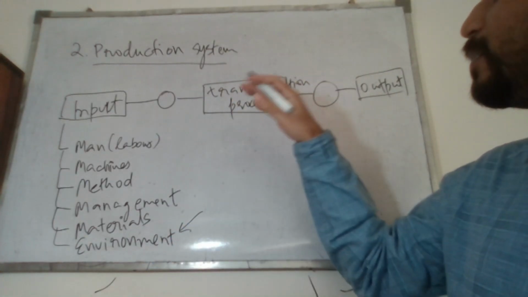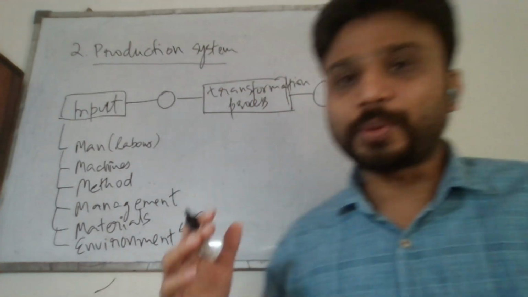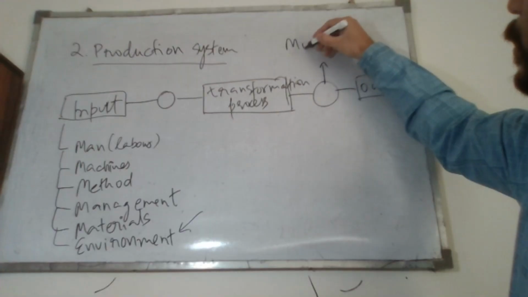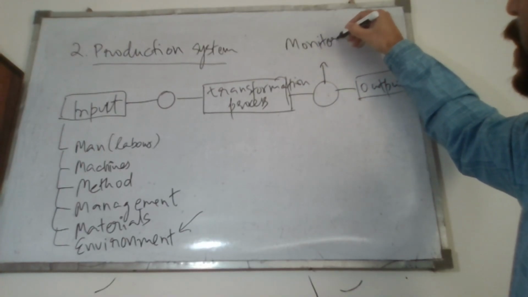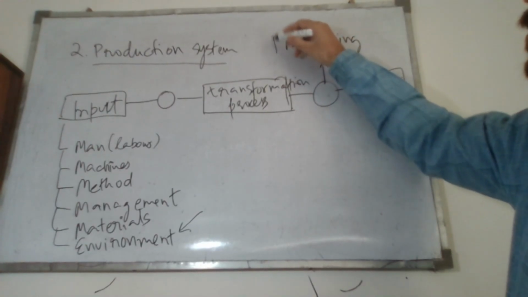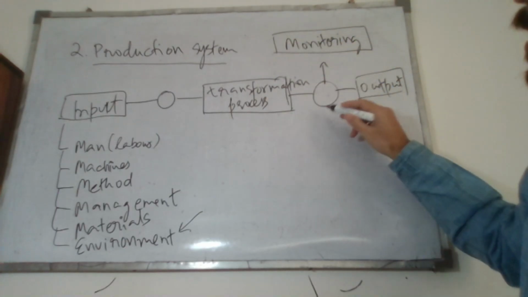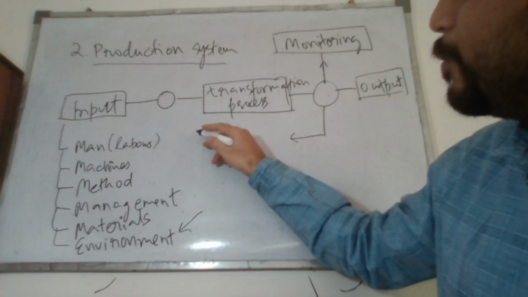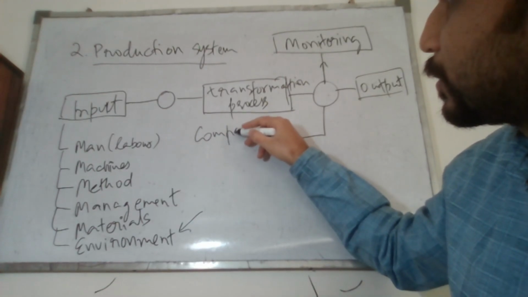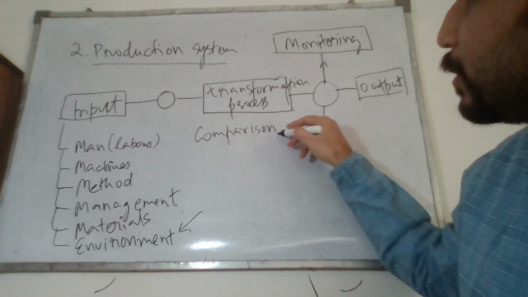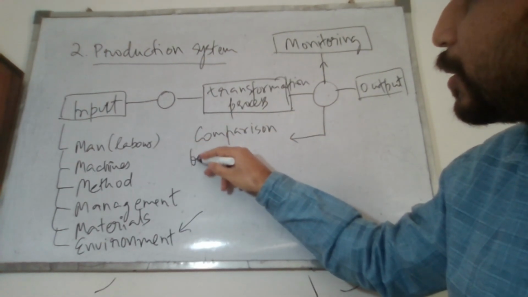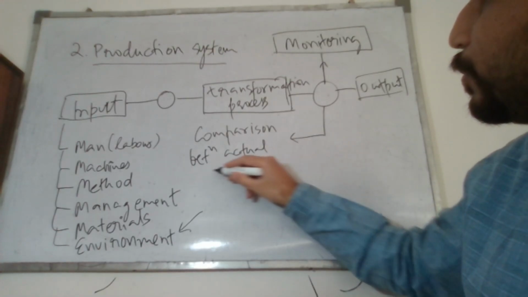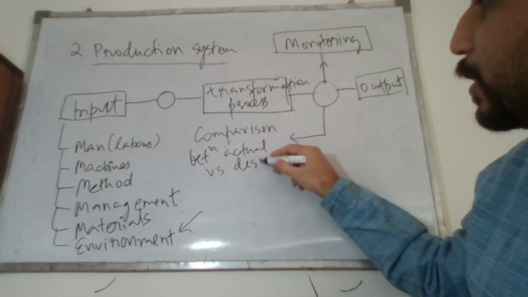Then in every kind of process, we have to do some kind of monitoring, or what we say, take feedback out of the system. This monitoring helps us in achieving the comparison between the actual output versus the desired output.